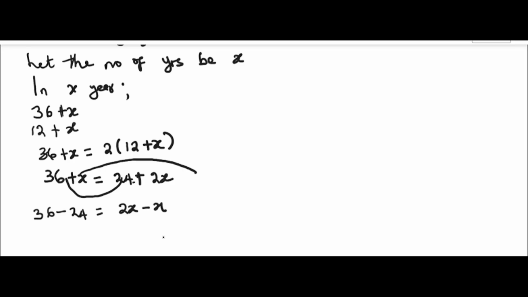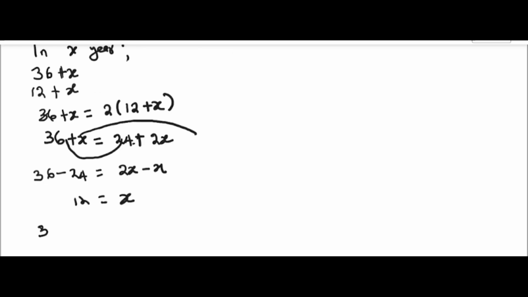So in 12 years time, let's see if that will be true. You know, we had 36 plus x, right? And then we had 12 plus x. So if x is 12, let's see. 36 plus 12 will give us 48.